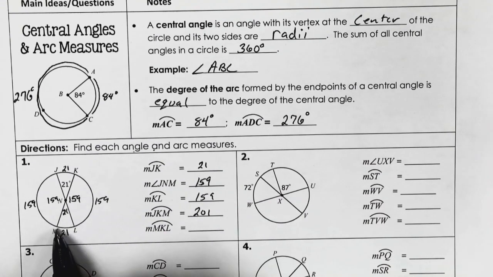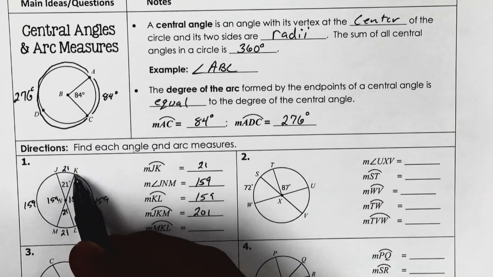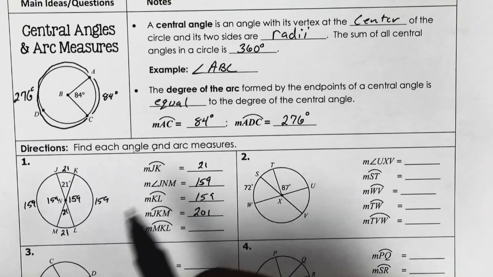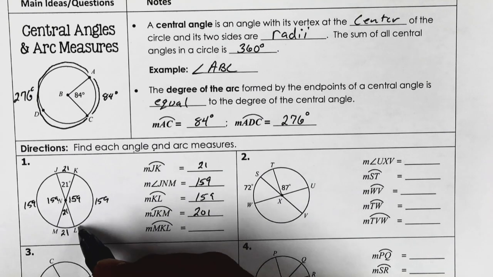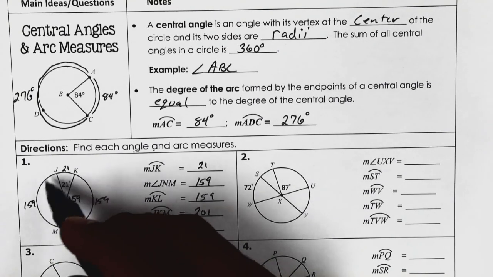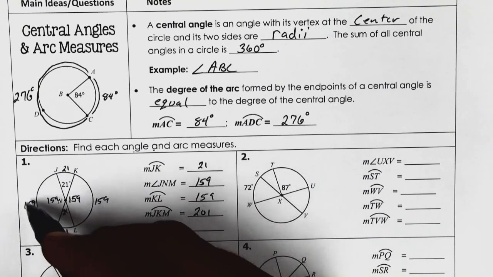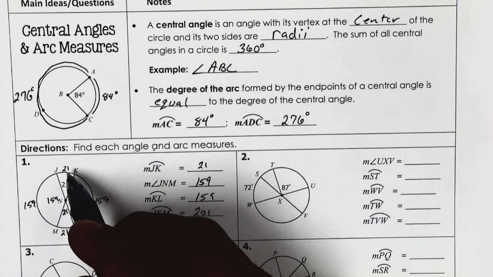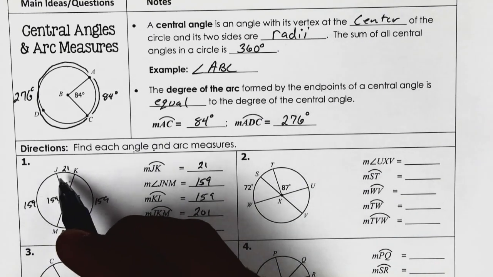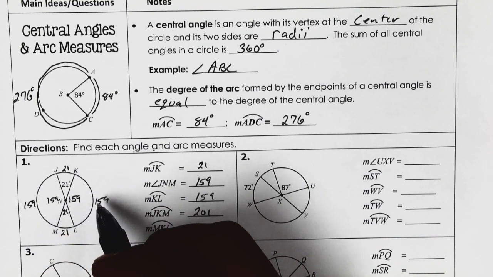All right, arc MKL. So go from M to K to L. I didn't go the other way because since that last letter was L, if I had gone that way, it would have hit it already. So I have to go M to K to L, all the way around. There are 2 ways you can do this. One, you can add up all of these arcs, 159 plus 21 plus 159.